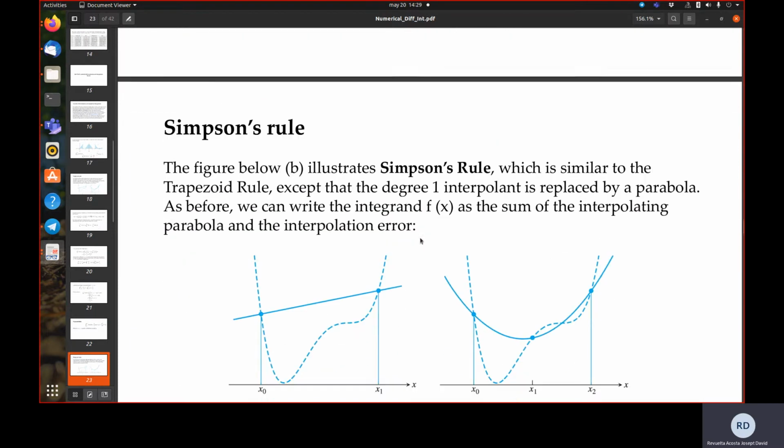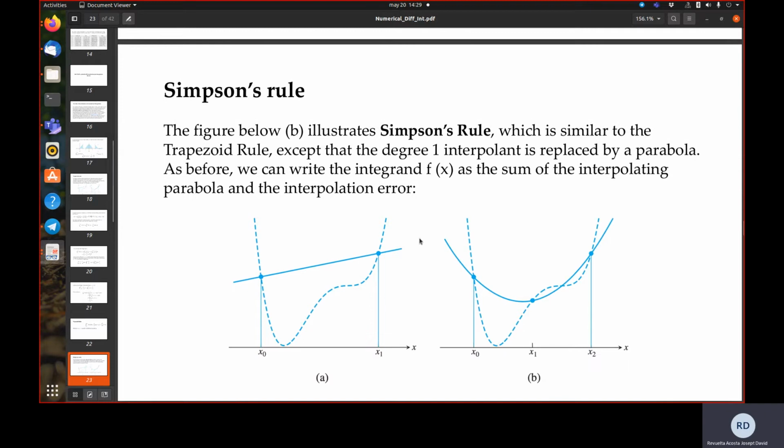So now we're going to move to a more sophisticated approach, Simpson's rule. In this case, we are picturing this procedure using this figure B, which is a parabolic condition.